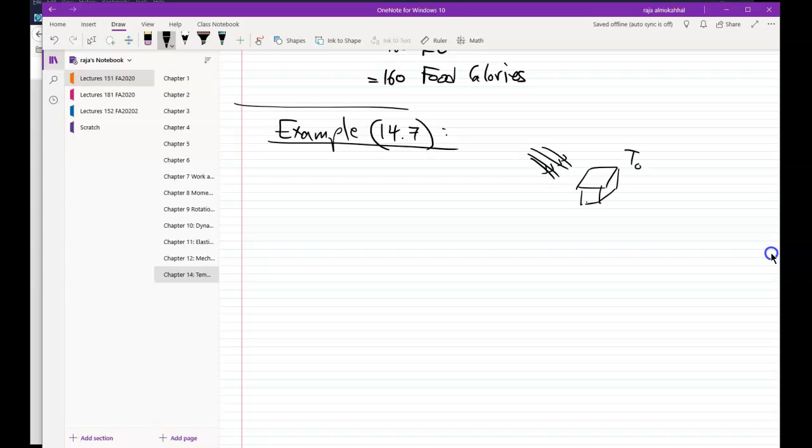As a result, the temperature of this block of, say, copper or something is rising. So it is T naught right now at time equals 0, but at a later time, say 1 second, it's going to be a different number, and then another one, and so on. The temperature is constantly rising.